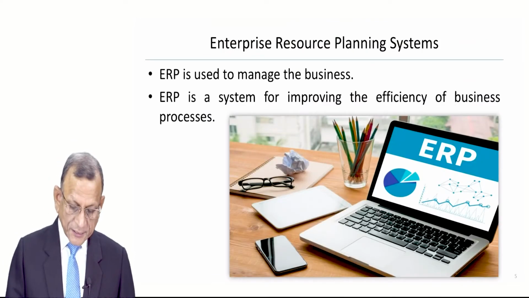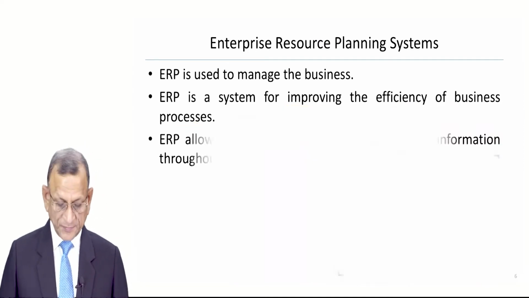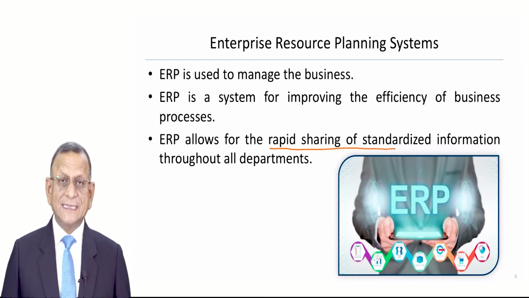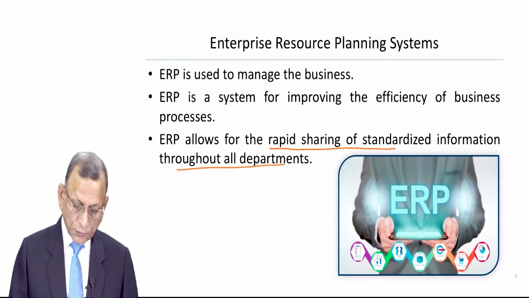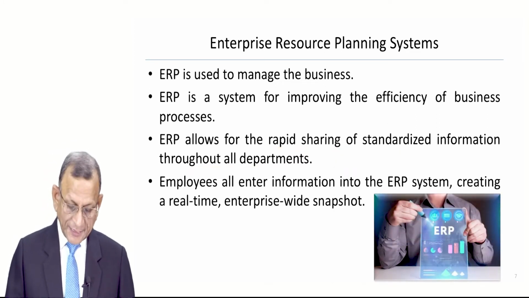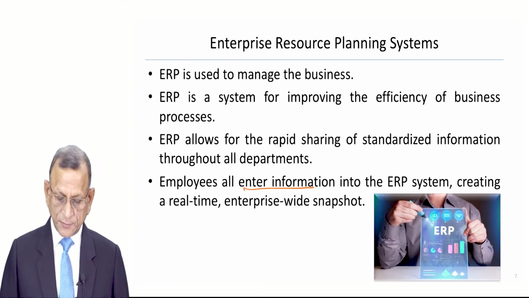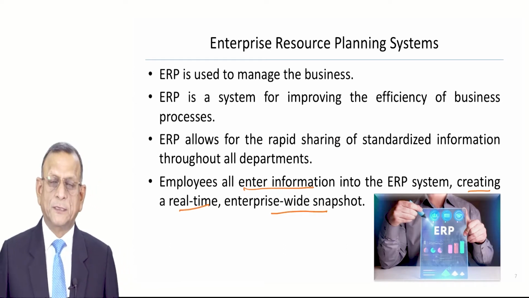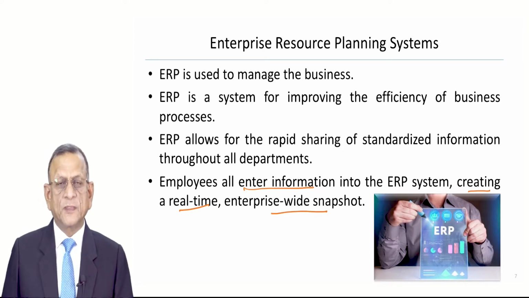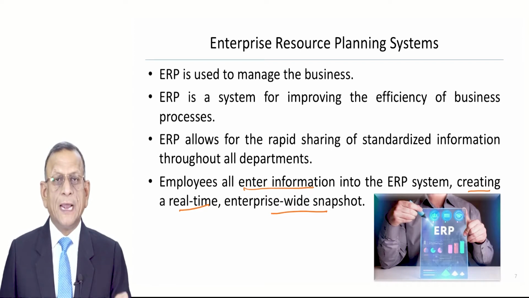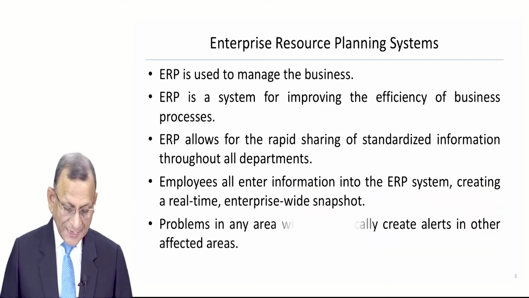ERP is a system for improving the efficiency of business processes. It allows for the rapid sharing of standardized information throughout all departments. Employees enter information into ERP systems, creating a real-time enterprise-wide snapshot. At any moment, if you are logged in, you will be able to see what's happening, where, and when.